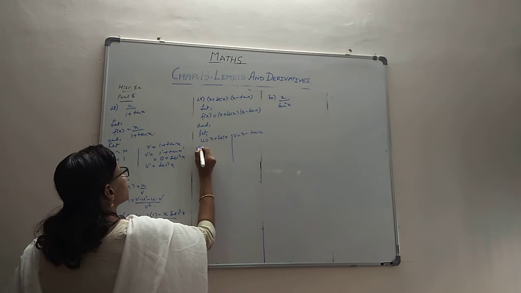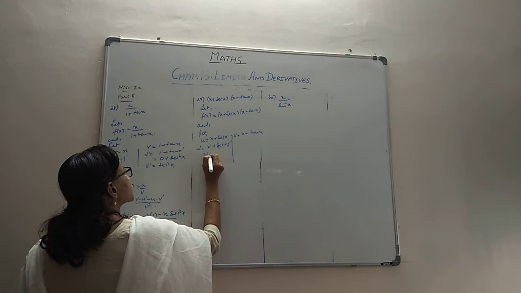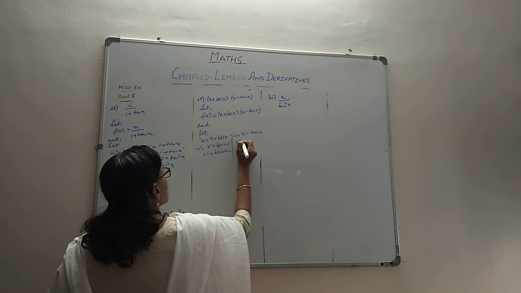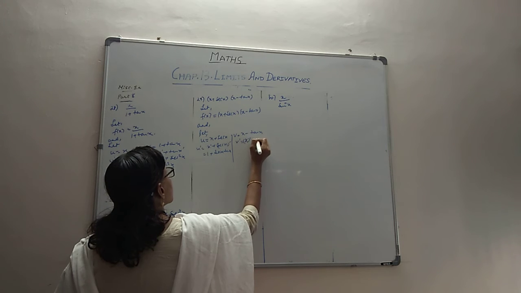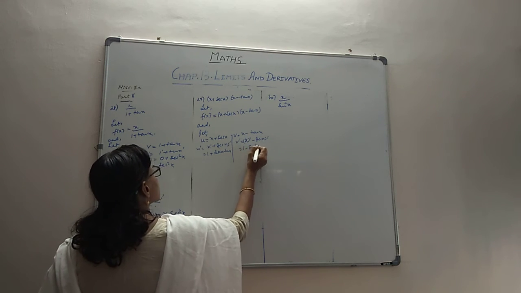We take the individual derivatives, the derivative of x and the derivative of sec x. The derivative of x is 1 and the derivative of sec x is sec x tan x. For v, the derivative of x is 1 and the derivative of tan x is sec squared x.